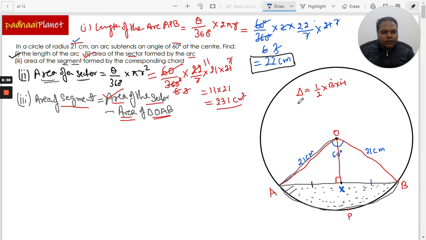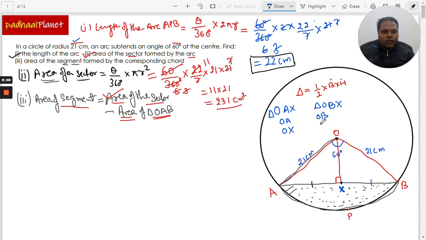Also, we need to observe these two triangles, OAX and OBX. When we do that, we will find that OA is equal to OB, because they both are the radii of the same circle.